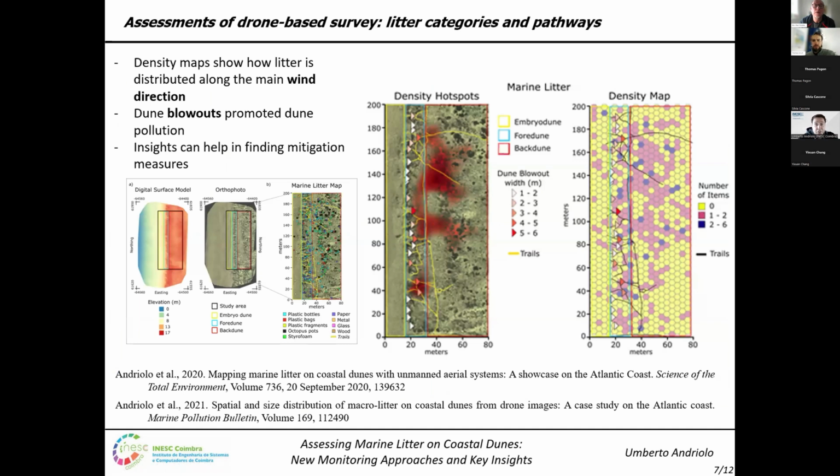The first assessment that we reached from the first trial on Quiaios dunes was that, after mapping the litter on a 200 by 80 meter area on the orthophoto and integrating the digital surface model, we understood that litter is distributed along the main wind direction and dune blowouts promote dune pollution.